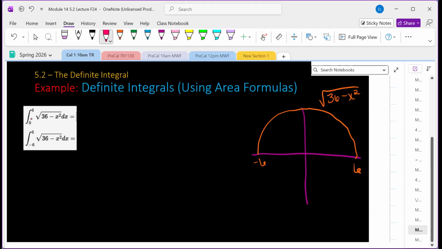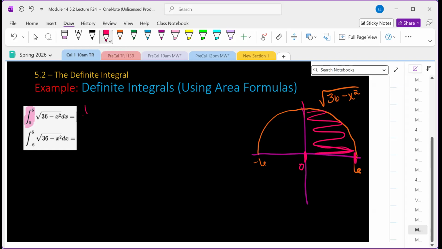So my first integral is focusing on the bounds from 0 to 6. So those bounds are x values. So I'm looking at x equals 0 over to x equals 6. So the area under the curve for those bounds is a fourth of a circle.